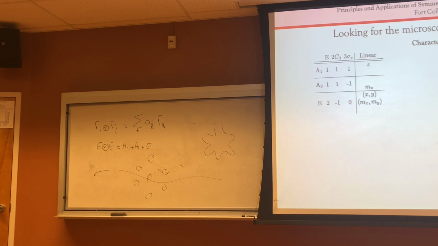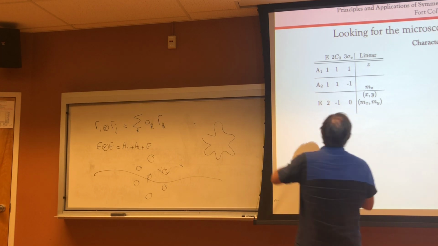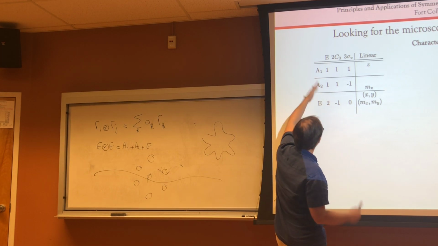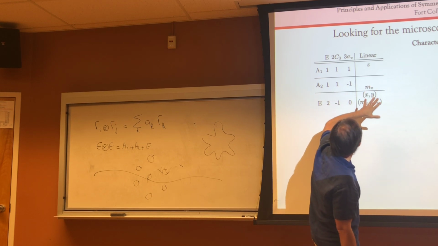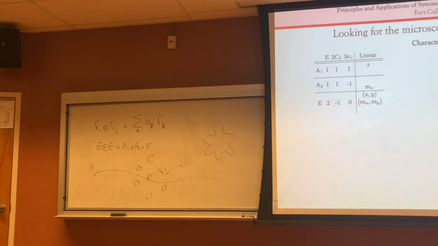Okay, so let's look at our character table. We take the C3V character table, which we have here. At this stage, we don't really care about the rest, we keep it in mind, but we just look at the linear effect, and we're going to focus on the current.